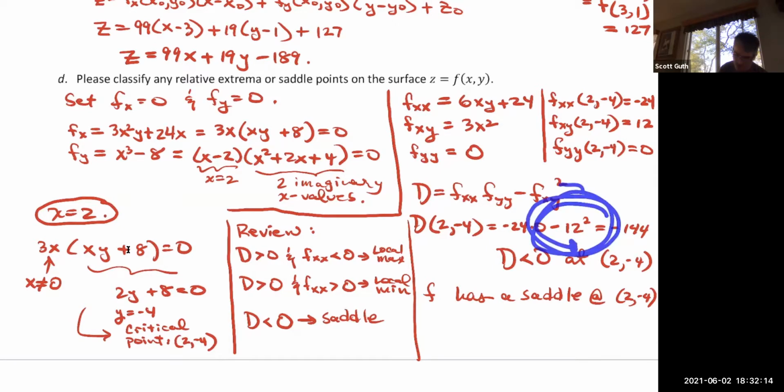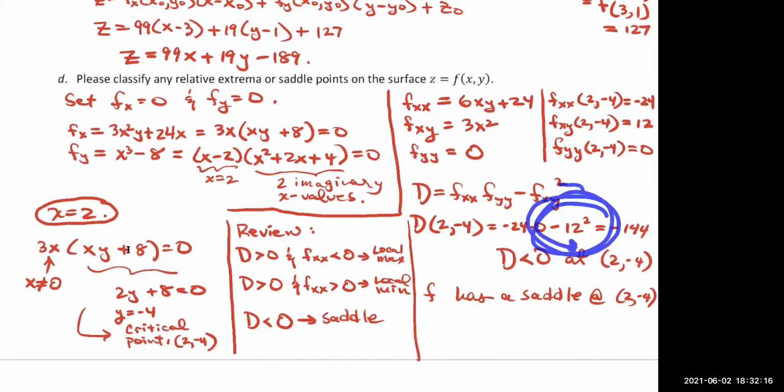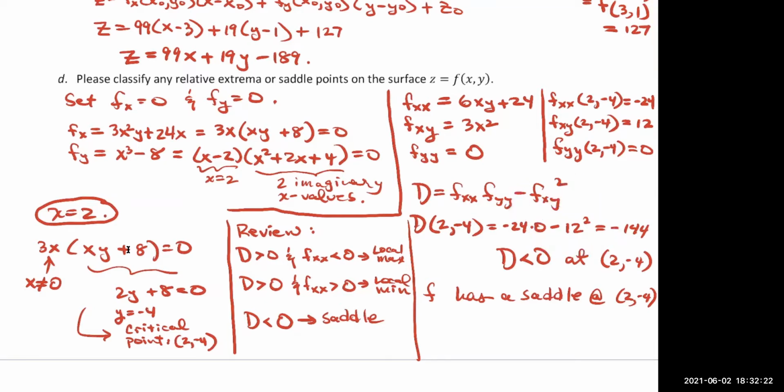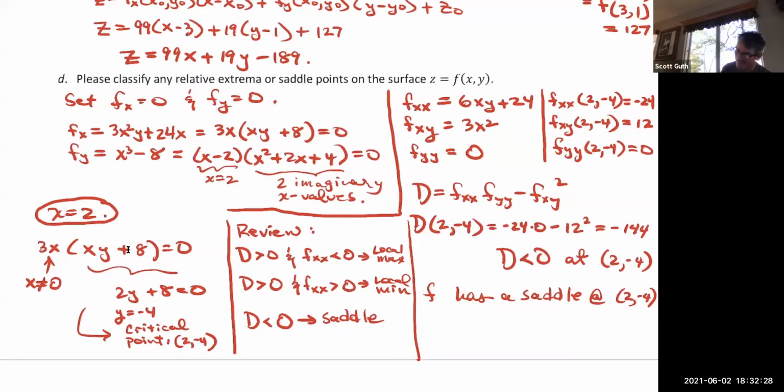I don't see any other 12s that are being squared. That's a formula. Okay, got it. Because I'm thinking above, fxy equals 3x squared. Yeah, no, I totally understand. Oh, but x is 2, right? So I think everything's okay here.